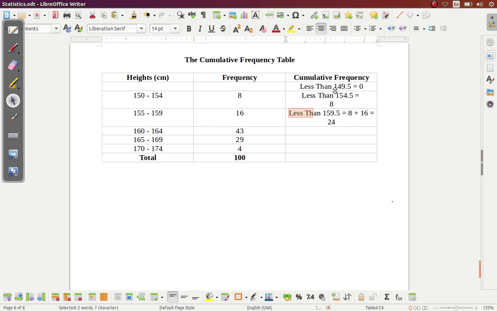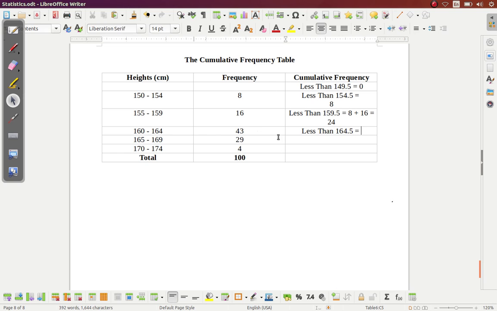Now, who measures less than, and then you go up to the 160, 161, 162, 163, 164, 164.1, 164.2, and so on, up to 164.49999. So these measurements that you will include here are less than 164.5. Who measures less than that?